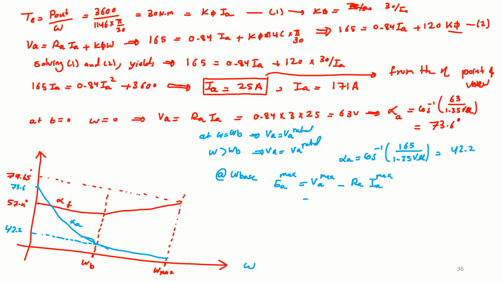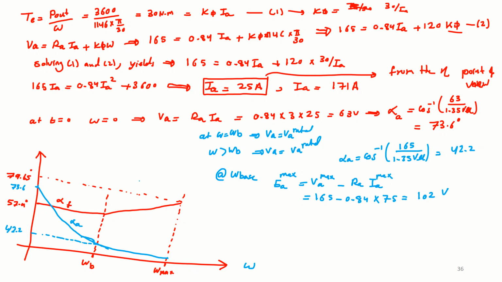So this will equal 165 minus 0.84 multiplied by 75. If we do the math, this will equal 102 volt.